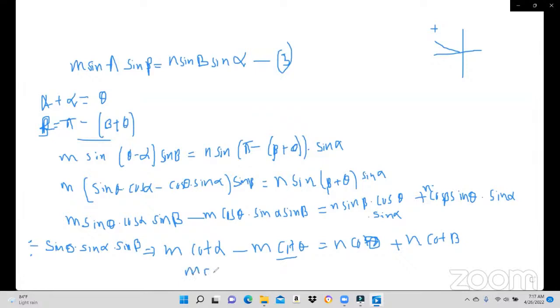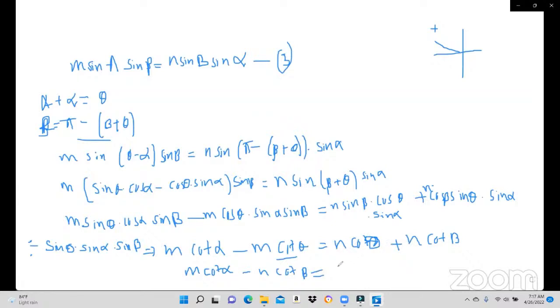So m cot alpha minus n cot beta, because now this m cot theta is going to the other side, n cot theta also here.